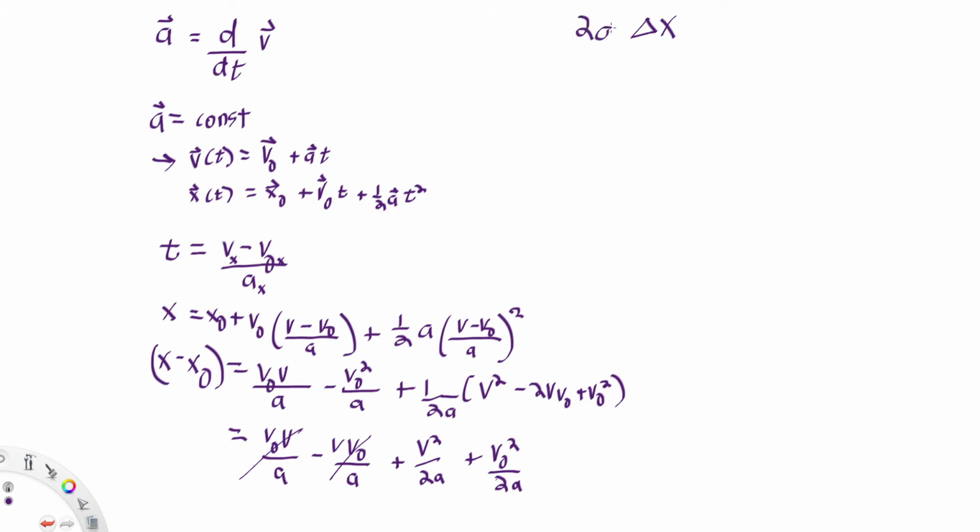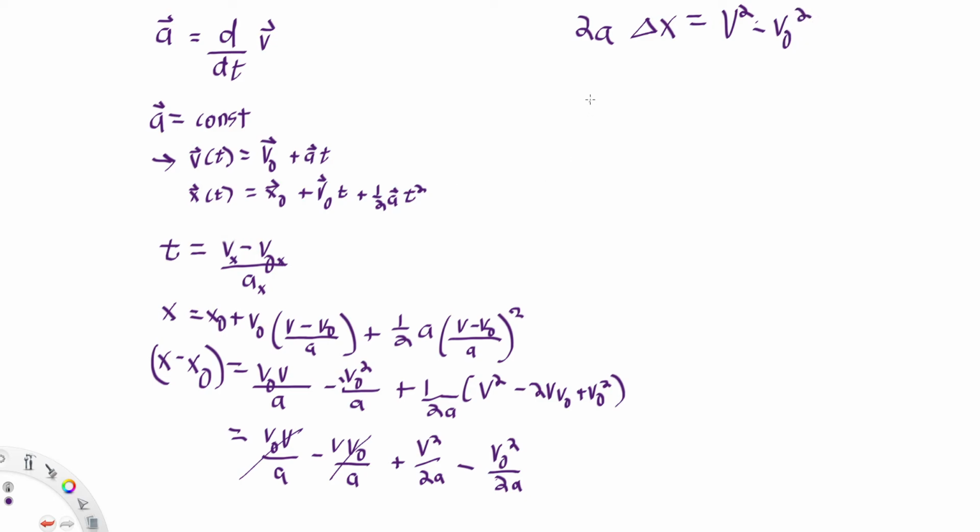We've multiplied by 2a, and on the other side, v squared... I've lost the negative sign. Yep. There we go.